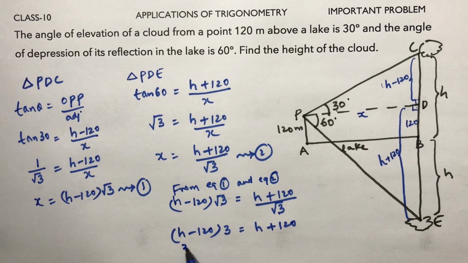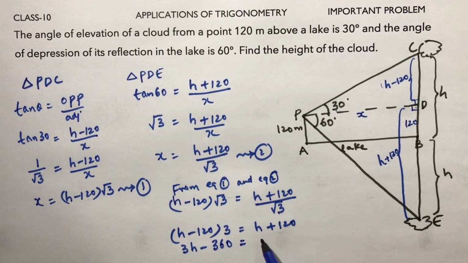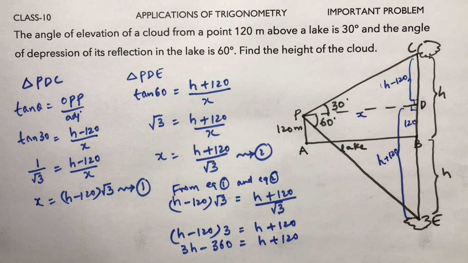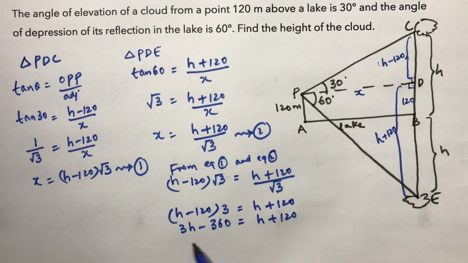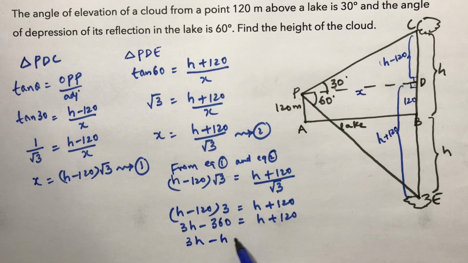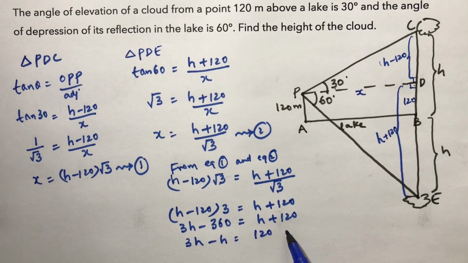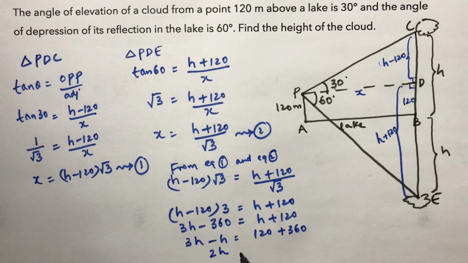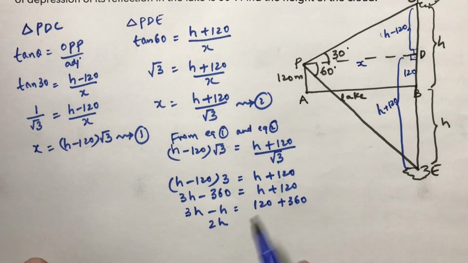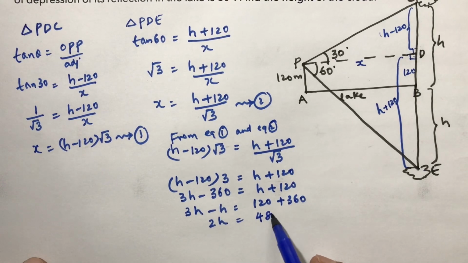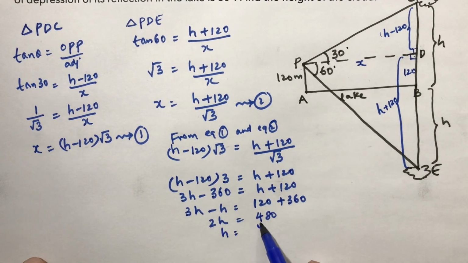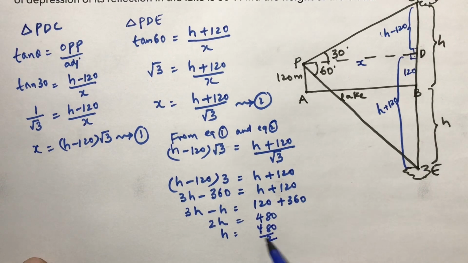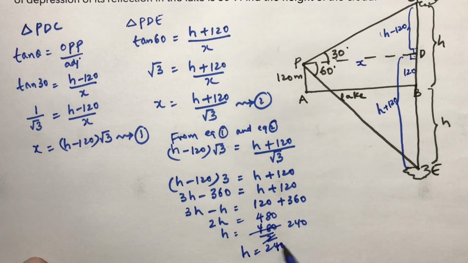So 3H minus 3 into 120, which is 360, equals H plus 120. So now 3H minus H equals 120 plus 360. So 2H equals 480. So the answer is 480 by 2, that is 240. So the height is 240 meters.